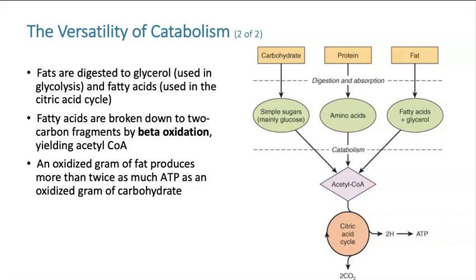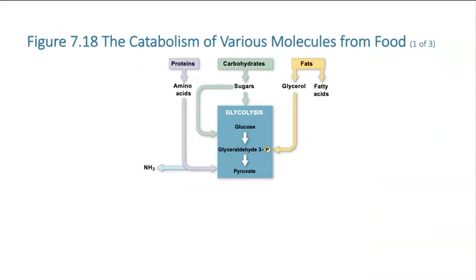And those 2 carbon fragments are going to give us acetyl-CoA. If you take 1 gram of fat, it can produce almost twice as much ATP as 1 gram of carbohydrate, which is why it has so many calories to it, right?